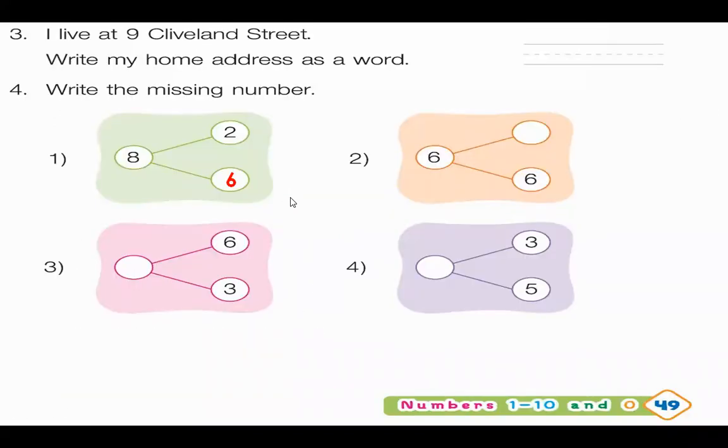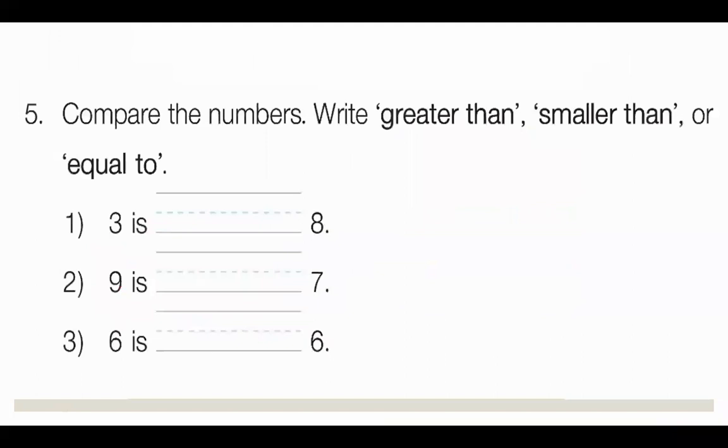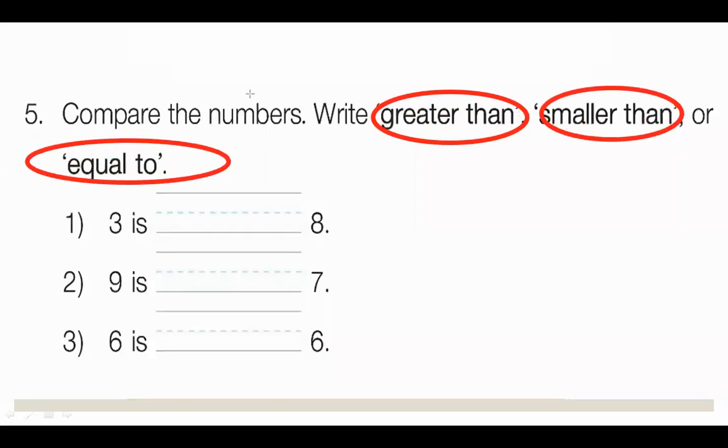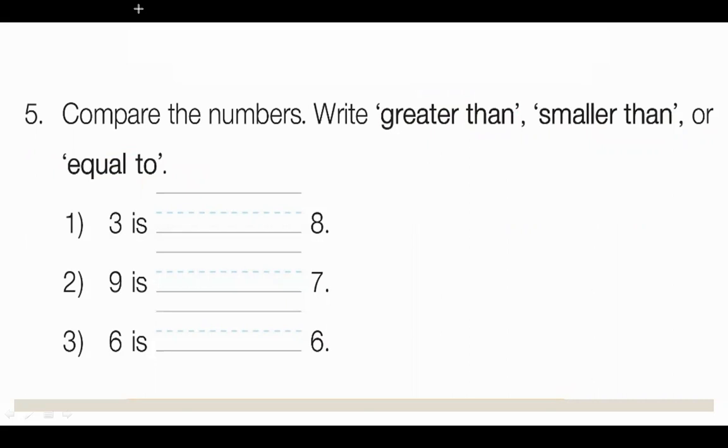This is number 5. Compare the numbers and write greater than, smaller than, or equal to. You only need to choose from those.